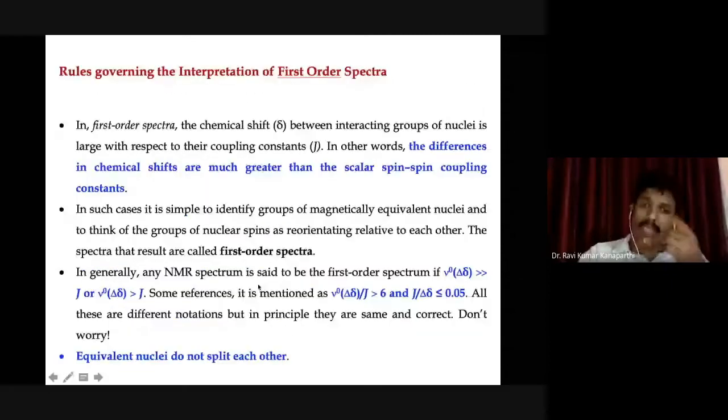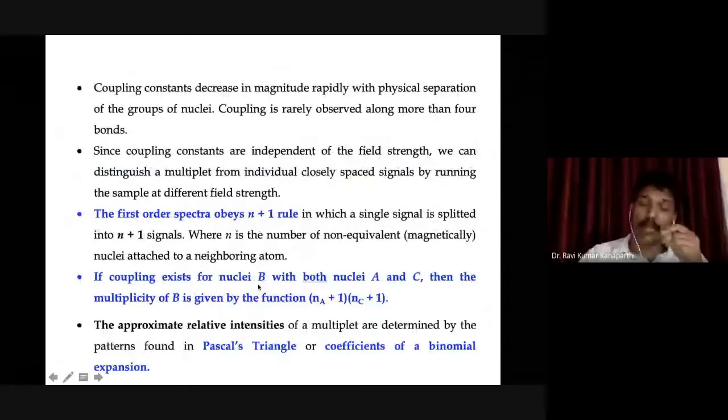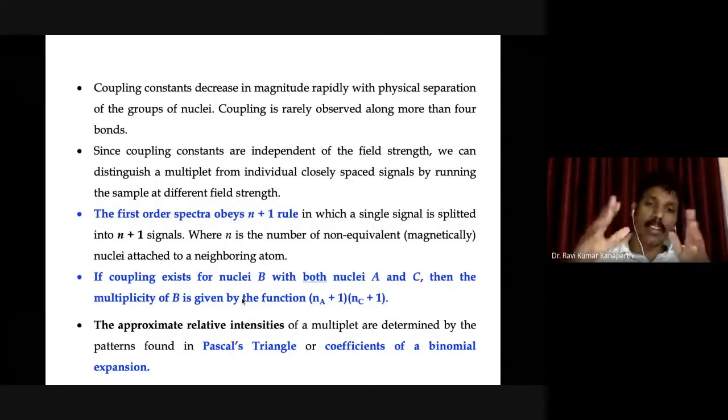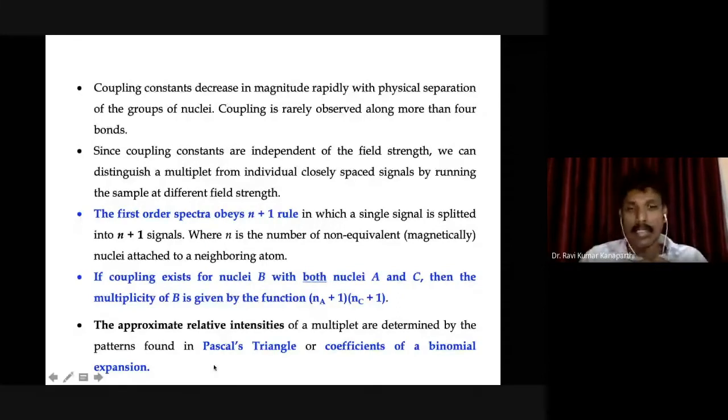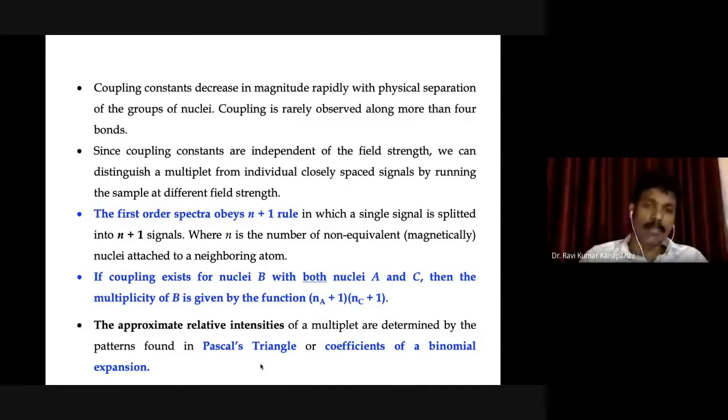Then the other point is that the relative intensities of those split lines will exactly follow the Pascal triangle coefficients, or the coefficients of binomial expansion. These are some of the general rules that we observe in the case of a first order spectrum.